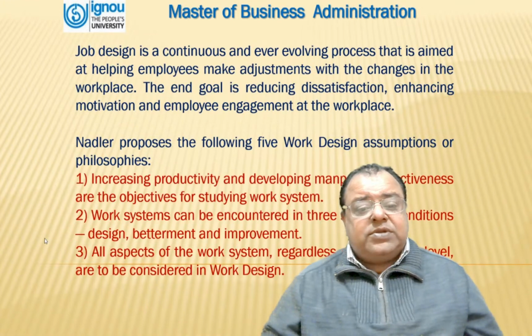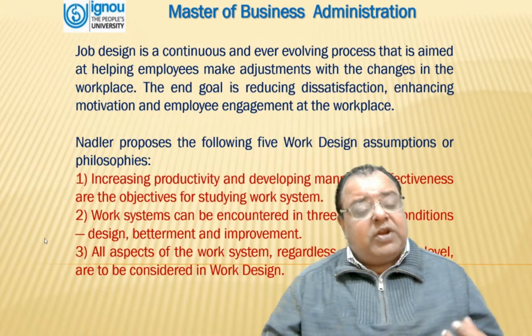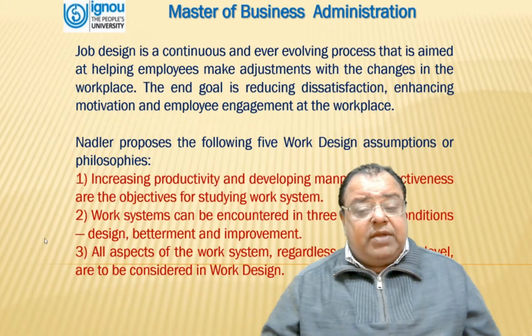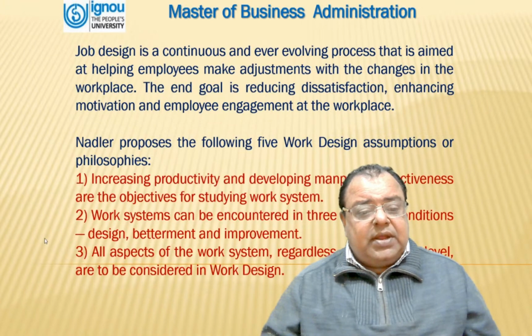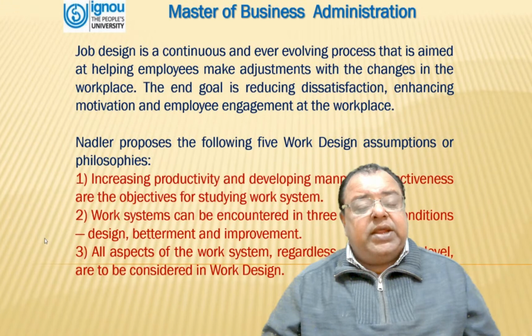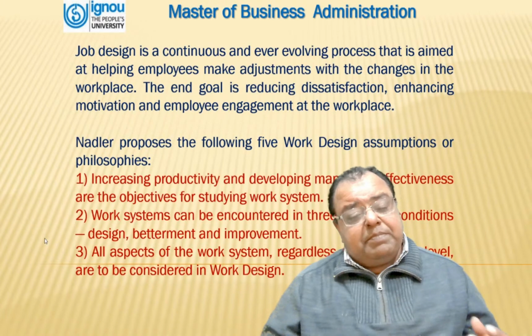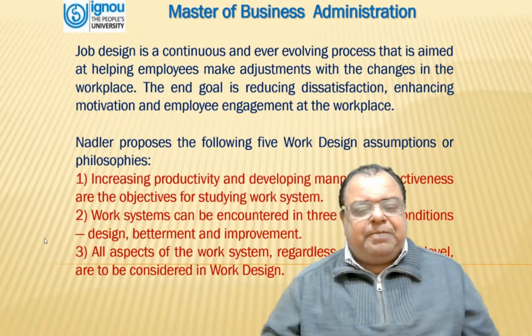Nadler proposed the following five work design assumptions or philosophies. Increasing productivity and developing manpower effectiveness are the objectives for studying work systems. Work systems can be anchored in three states or conditions: design, betterment, and improvement.